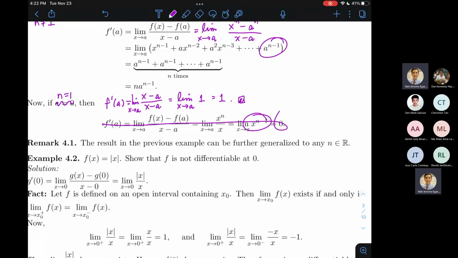All right, so a quick remark here before we go to the second example. The result in example 1 can be extended to any real number n. So hindi siya restricted sa mga natural numbers as exponents. So you can use any real number for your exponent. The proof would be much more involved.